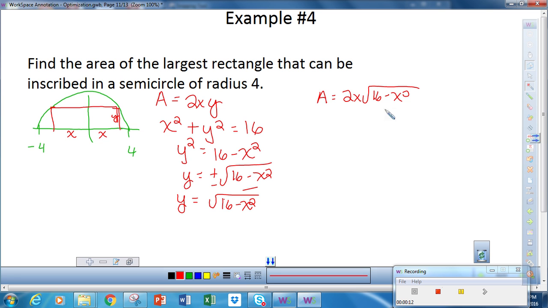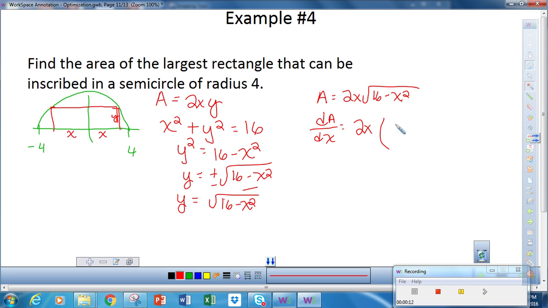Okay? So we have to take the derivative of the area with respect to x. Using the product rule, there's no way around it, I have to do 2x times the derivative of the square root of 16 minus x squared, which requires the chain rule.